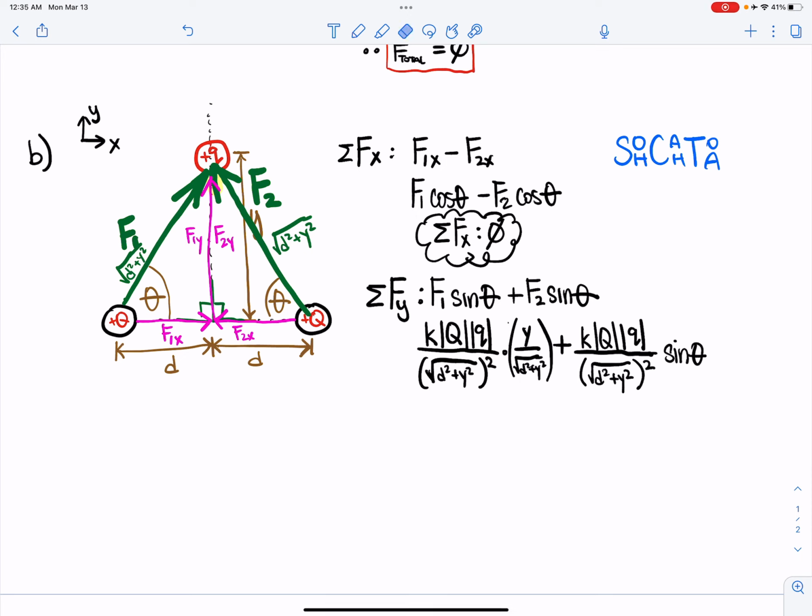Okay, and I'll also rewrite the other sine theta as y over the square root of d squared plus y squared. All right.